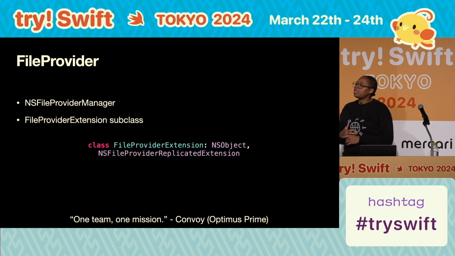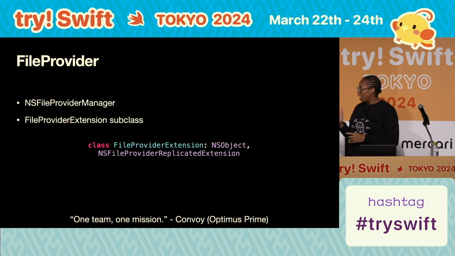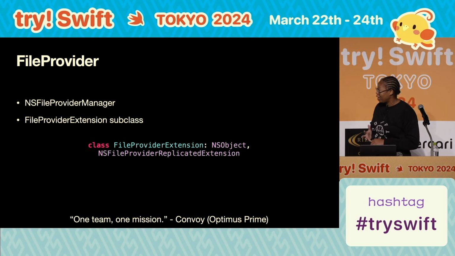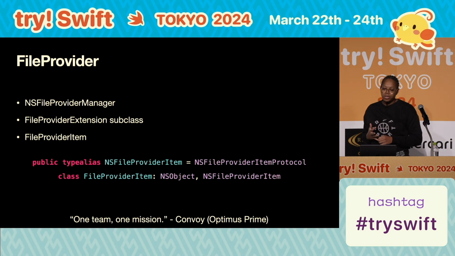We need to have a subclass for that file provider extension. Naming is hard, so I just called it FileProviderExtension and removed the prefix NS. To materialize the items, we're going to have to deal with NSFileProviderItem, so a class conforming to the protocol NSFileProviderItem.